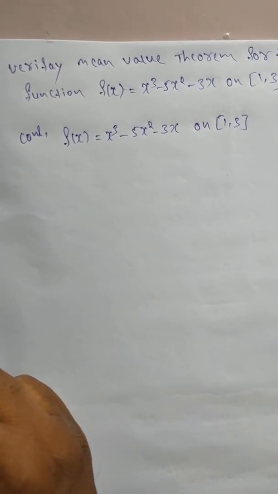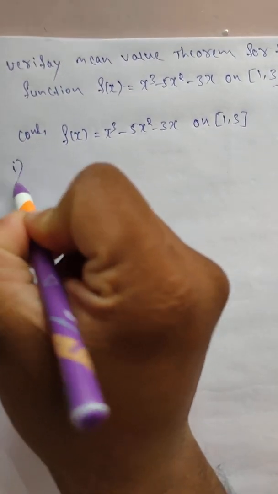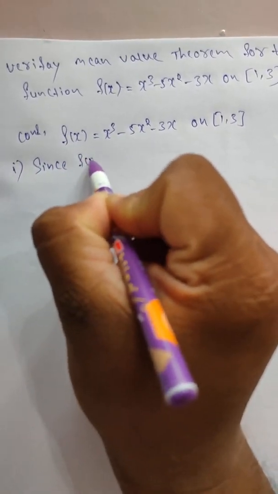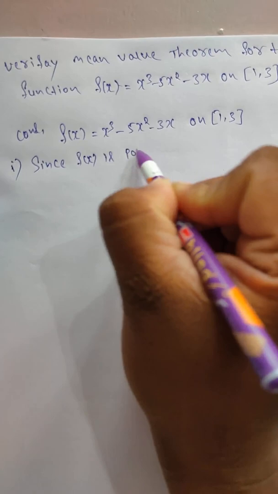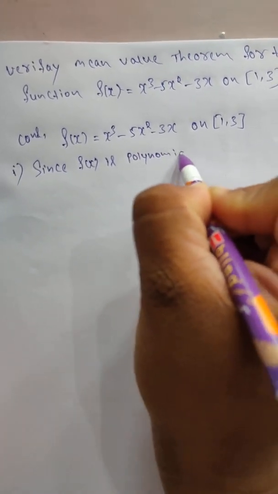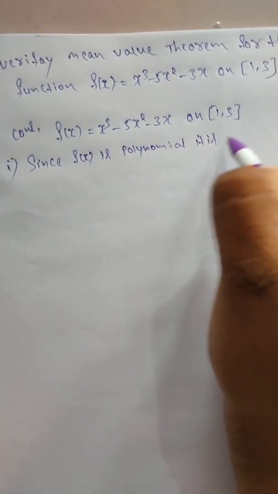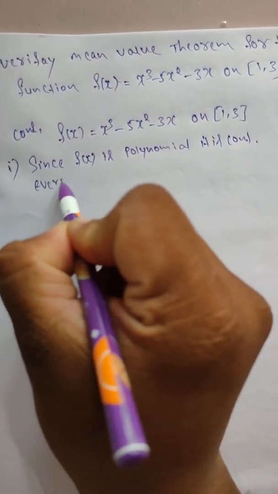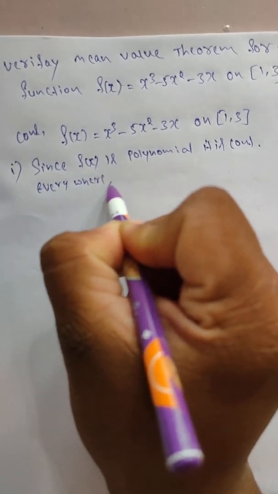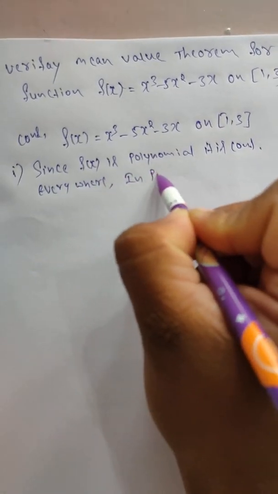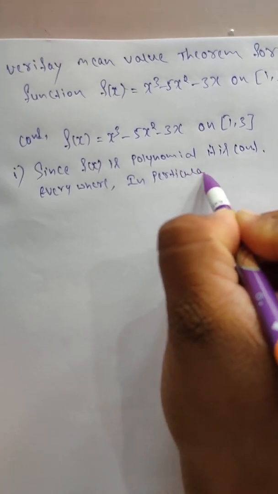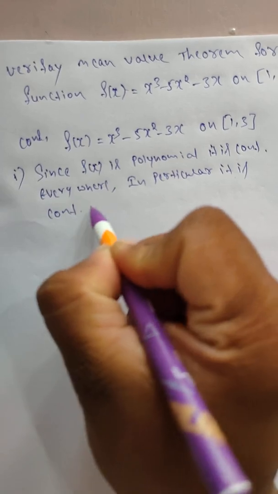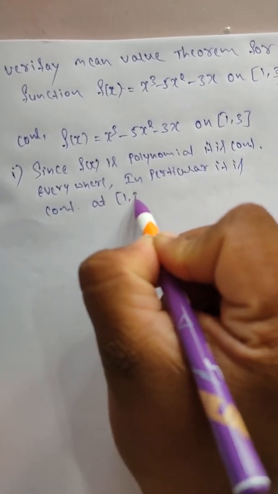To check the mean value theorem, the first condition you want to write: since f of x is a polynomial, it is continuous everywhere, in particular it is continuous at closed interval 1 comma 3.